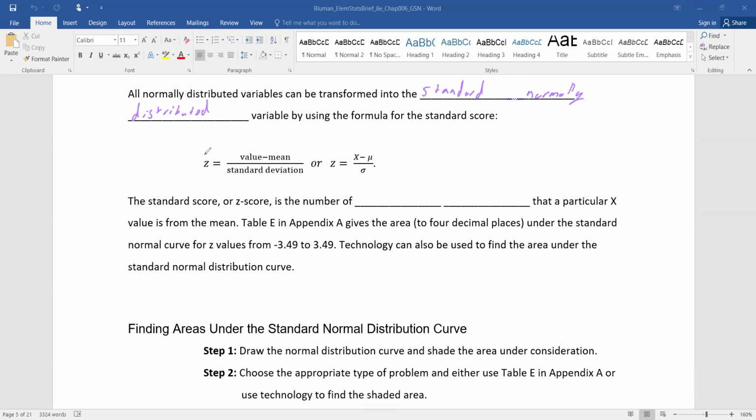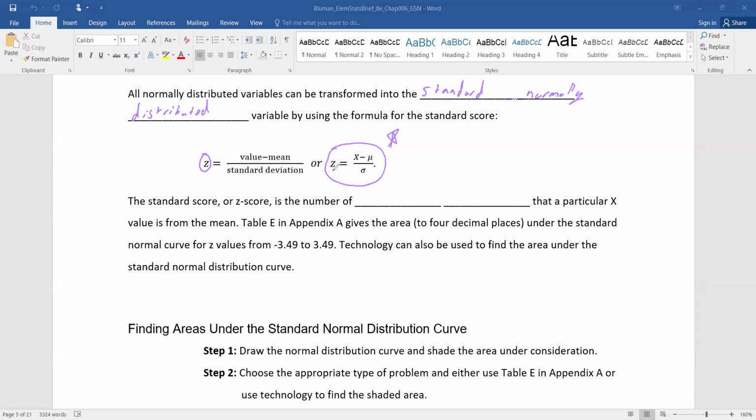So this again is called a z-score. If you had a certain value, you could subtract the mean from it and then divide by the standard deviation, giving you this formula here. You'll be using this formula a lot. So do make sure you have it on hand because this is how you can find the z-score.